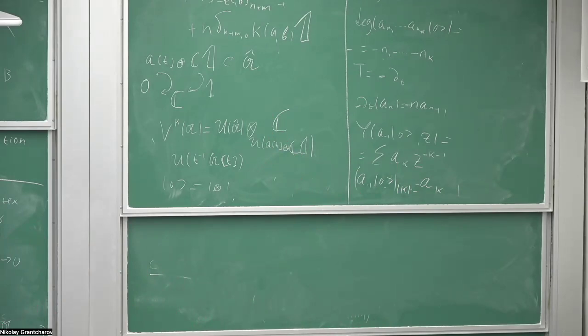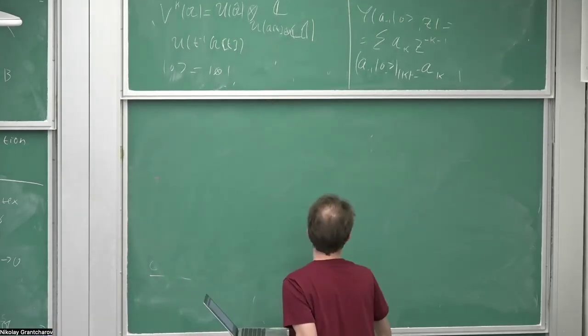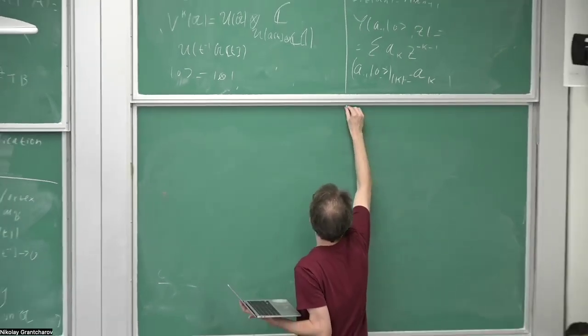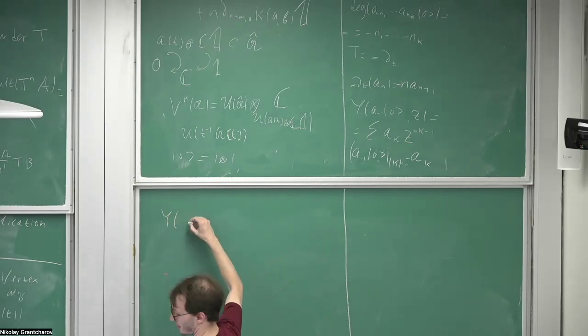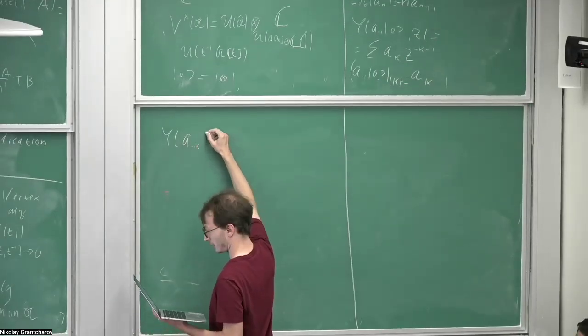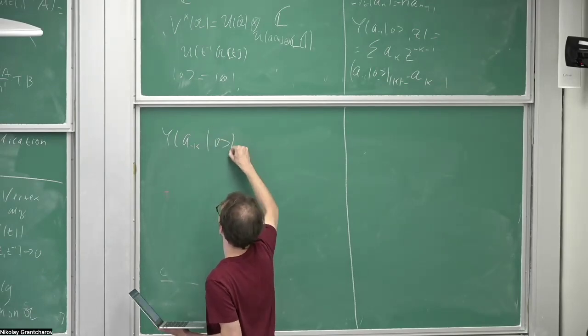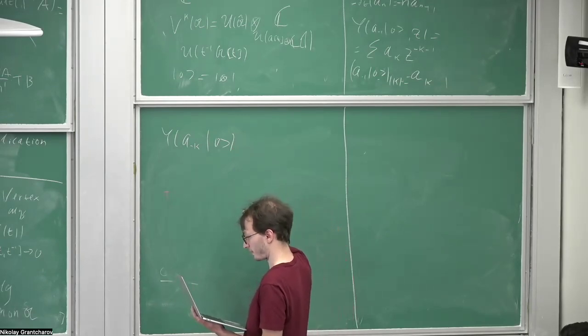Any questions about what's happening? Okay. So now my next step is to define fields for higher elements, Y of a_{-k} vacuum.